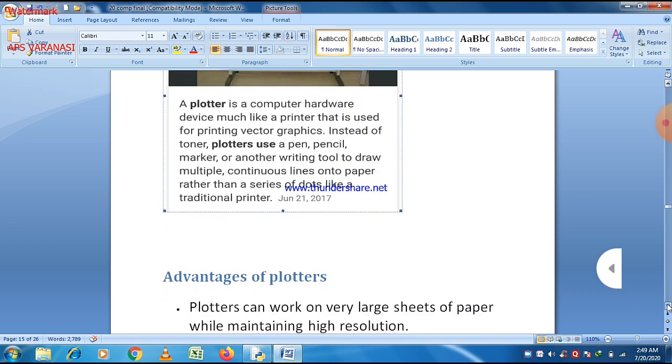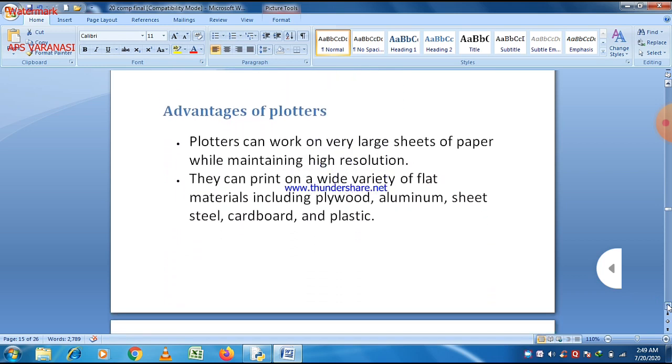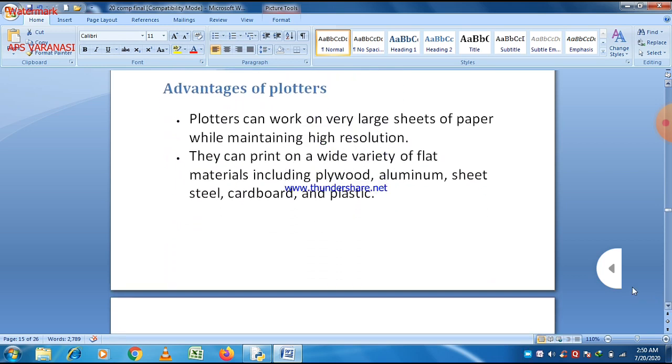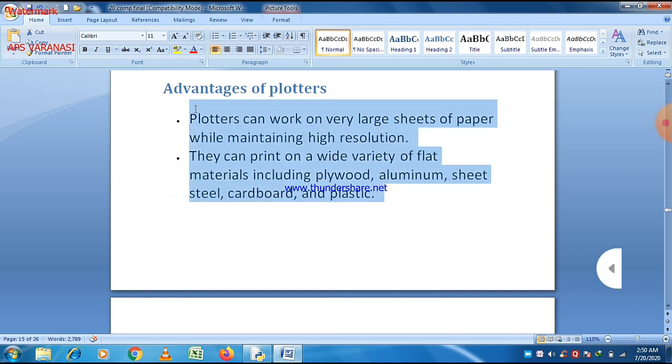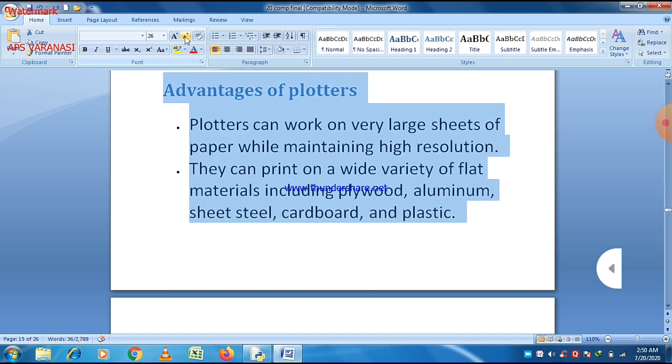So the advantages of a plotter: it can work on a very large sheet of paper. That is the first main advantage. We can use a large sheet of paper while maintaining high resolution. Resolution directly refers to the quality of a picture.